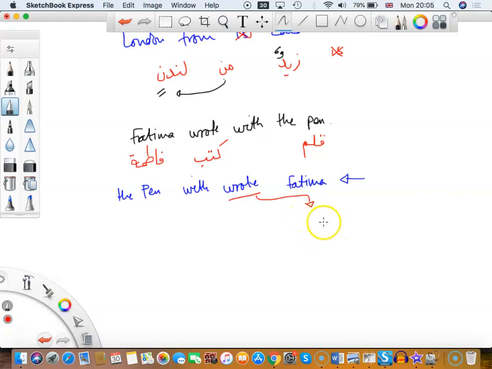Yeah, so let's just translate it straight away. How do we say wrote? Katabat. Did anyone miss out the ta? Yeah, see, I knew that. Katabat, verb. And then Fatima, subject. With is bi, and the pen, al-qalam.